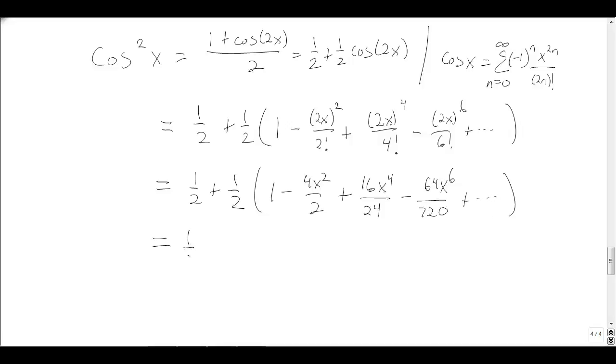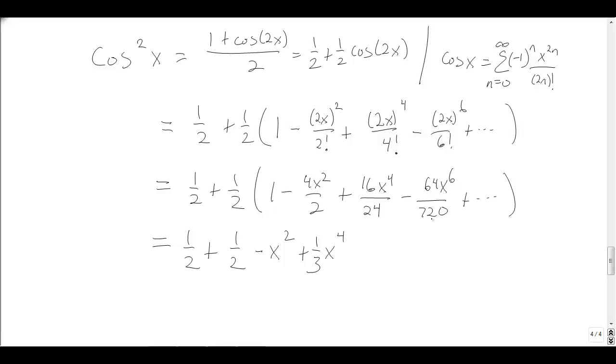So I'm going to get, let's see, a half, plus a half times 1 is a half. 4 over 2 is 2, but I'm going to get a minus x squared. All right, multiply by the half. 16 over 24, that's 2/3 times a half is 1/3.